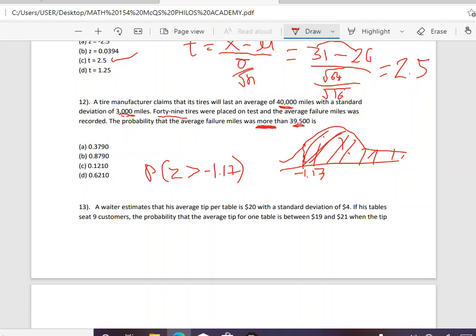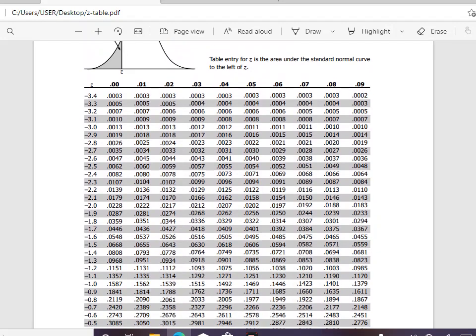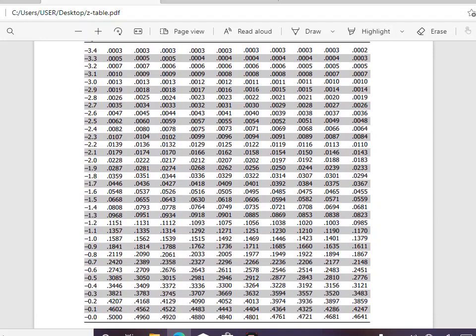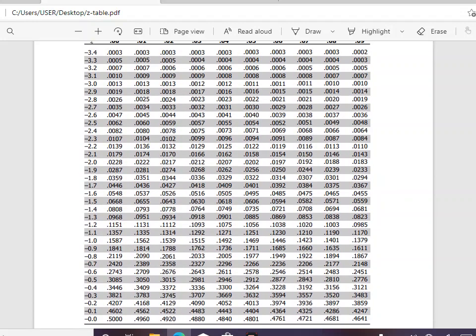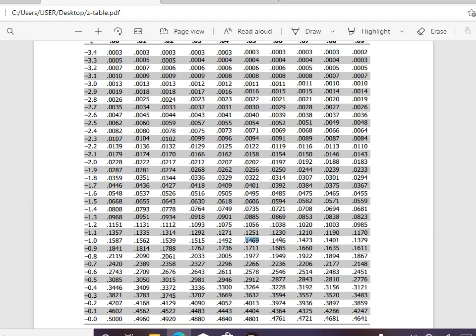So to get this area, you go to your Z table. You look for negative 1.17. Negative 1.1 is here. Then you trace it towards 7. So 0, 1, 2, 3, 4, 5, 6, 7.